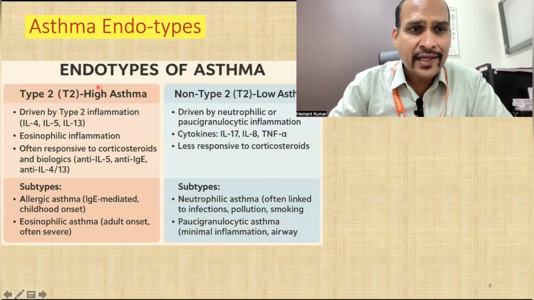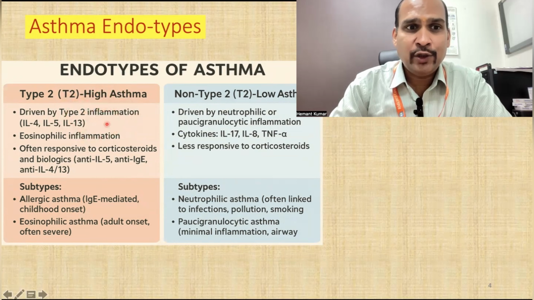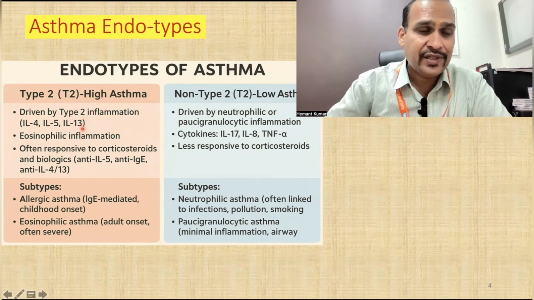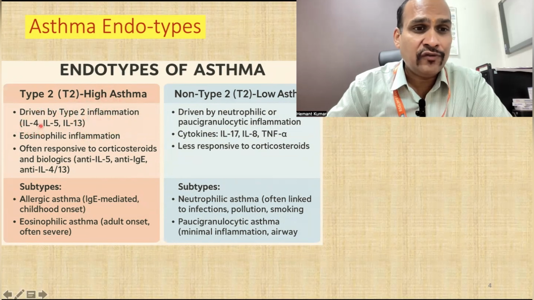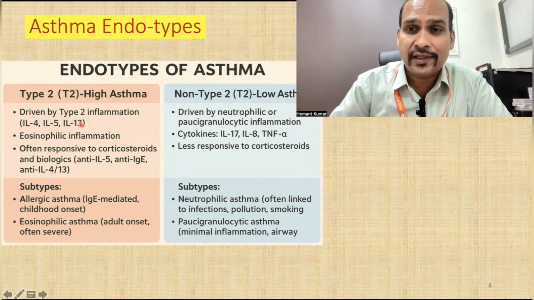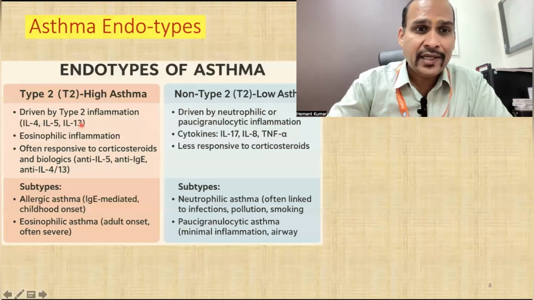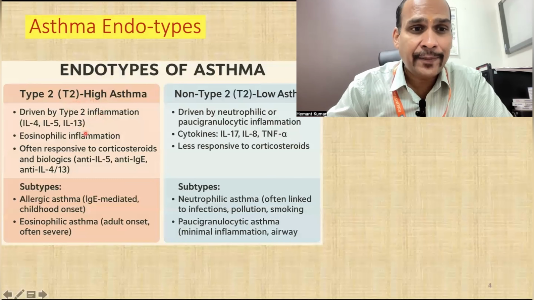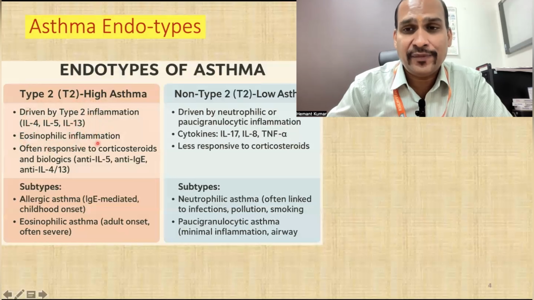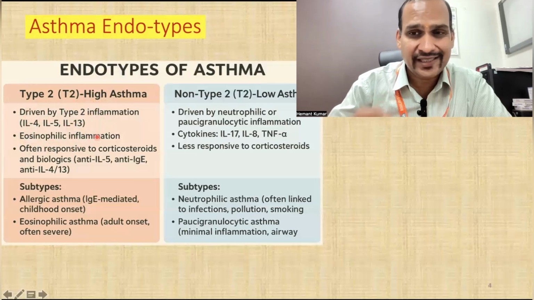T2 high asthma is caused by type 2 inflammation. In this type of inflammation, there is a role of interleukin 4, 5, and 13. Whenever you find these interleukins 4, 5, and 13, you will have an idea that the patient has type 2 inflammation. This inflammation is due to eosinophilic inflammation, due to eosinophil cells.